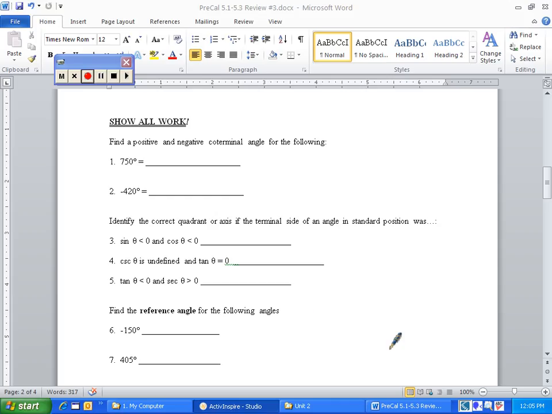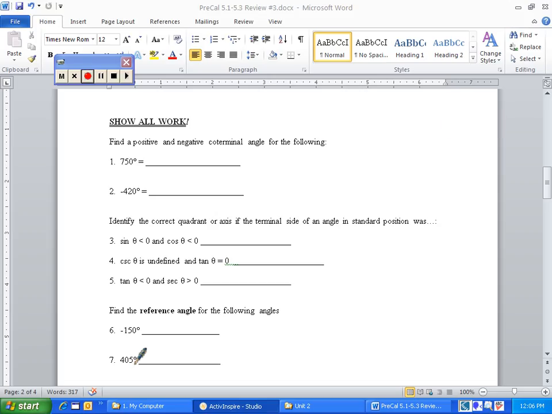210 is in the third quadrant. So since it's in the third quadrant, in order to get this to be between 0 and 90, I'm going to follow the rule that says to subtract this by 180. And when I subtract that by 180, I find out that my reference angle is 30 degrees. Okay, the next example has 405.